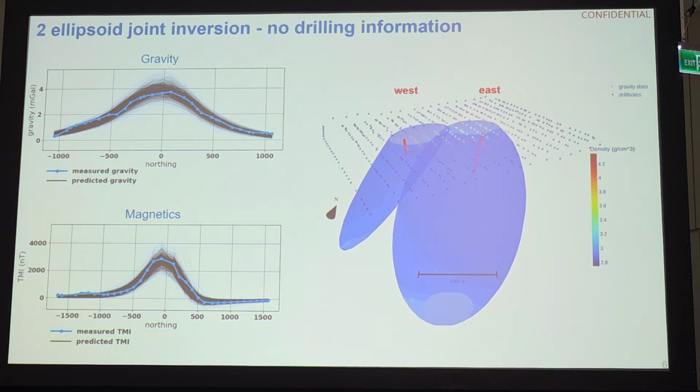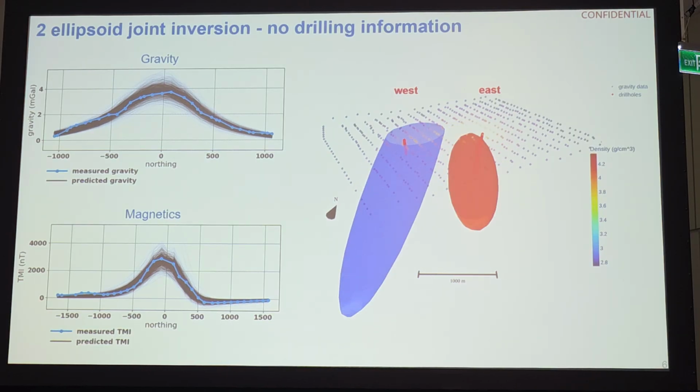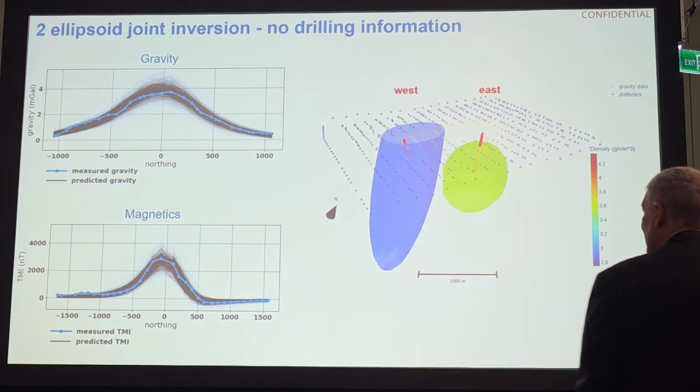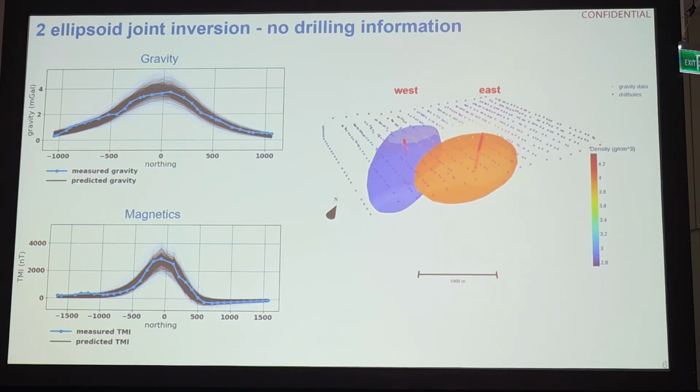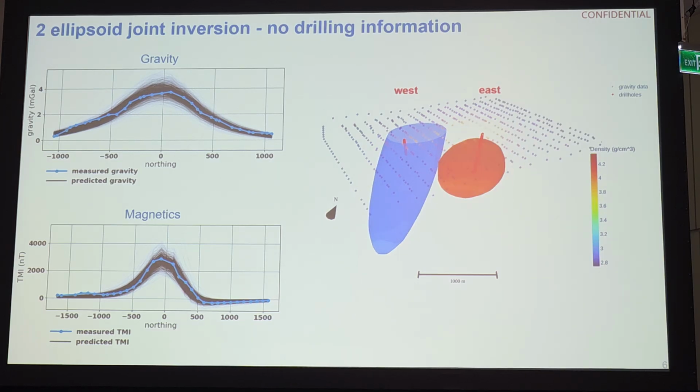What I'm showing here on the left, the blue line is the measured gravity data and the measured magnetic data on some survey line in this data set over the top of one of these anomalies. The black lines represent 1,000 samples from our posterior model. Those are the predicted gravity and magnetic responses of models that are shown in the animation on the right there.